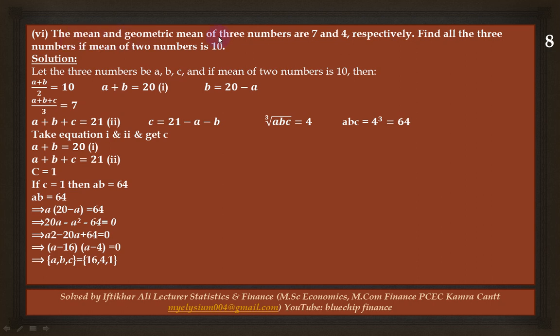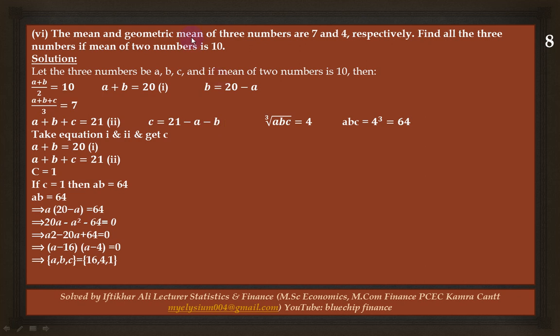Now we come to the first part of the question, in which it says that the mean and geometric mean of 3 numbers are 7 and 4. The mean of 3 numbers is 7, so (a plus b plus c) divided by 3 equals 7, and we can say that a plus b plus c equals 21, that is 7 multiplied by 3. Finally, c equals 21 minus a minus b.